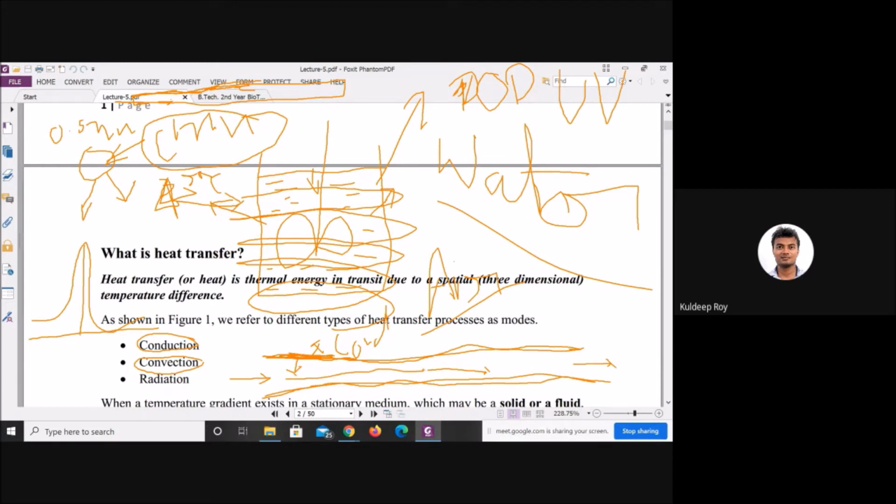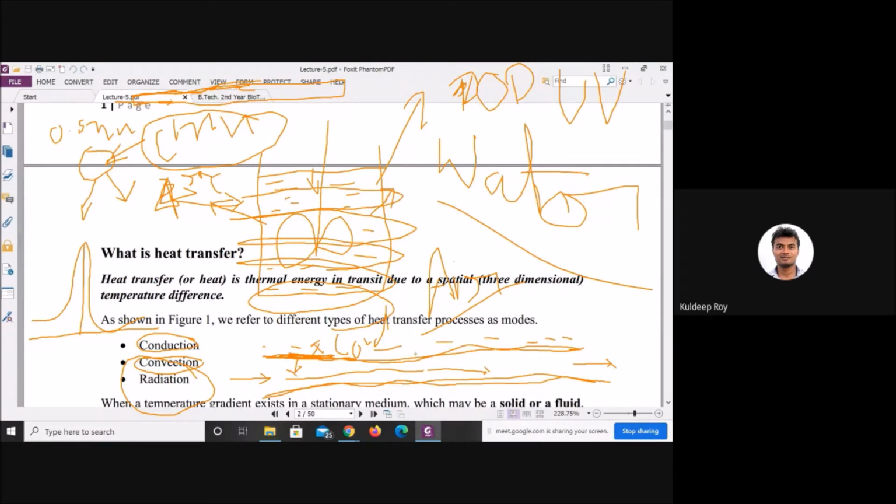Now where will radiation come in? As I already told, based on Kirchhoff's law and all the other theories, if you have any body that has some energy in terms of heat, definitely it will emit heat into the atmosphere around it. So around this pipe, radiation will occur.